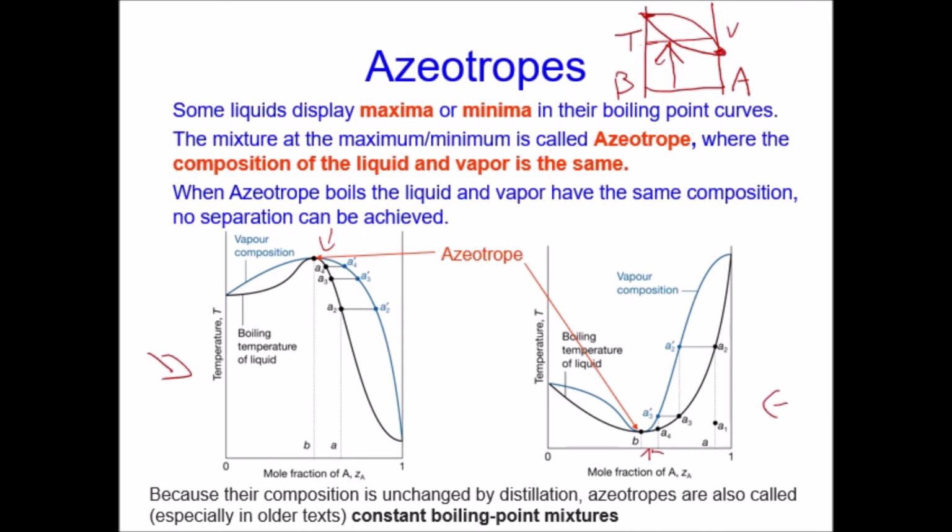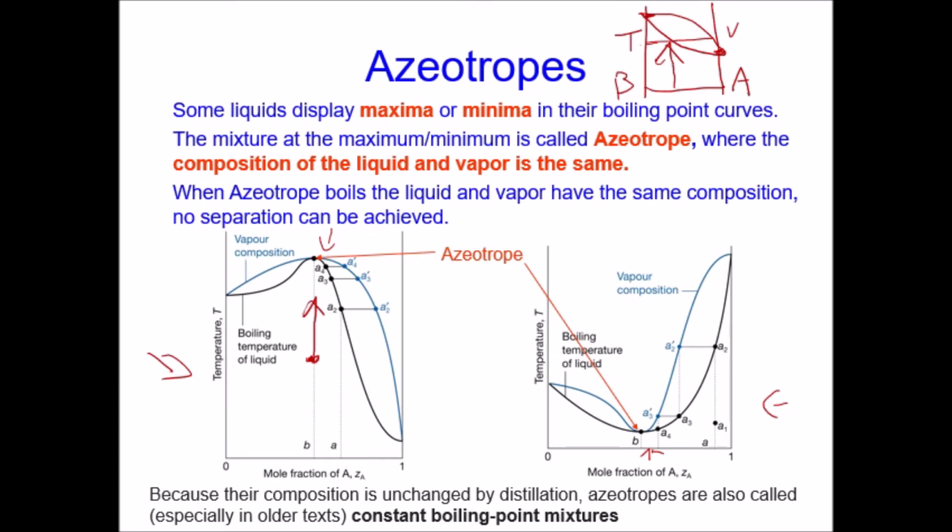The mixture at the maximum or minimum is called an azeotrope. The composition of the liquid and the vapor phase is the same at this azeotrope. Let's take the left phase diagram as an example. Suppose we have a mixture at the azeotrope composition. Upon heating, temperature goes up until it touches the liquid composition curve.